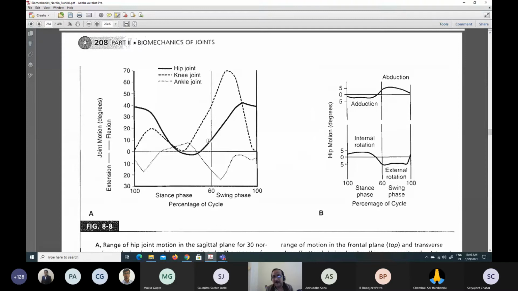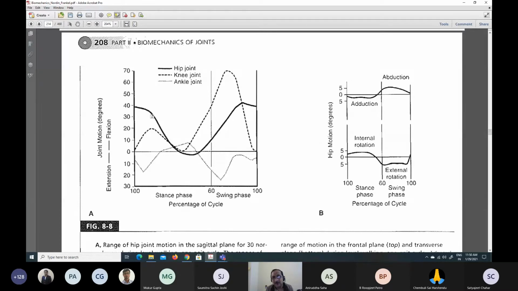Now, if you consider the gait cycle, everybody is aware of the gait cycle. Within that gait cycle, if I plot joint motion in degrees for flexion and extension, you can see how the angular deflection of flexion and extension varies during the gait cycle.